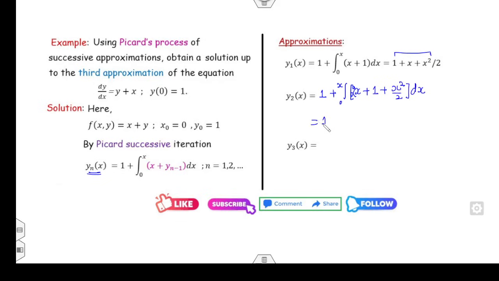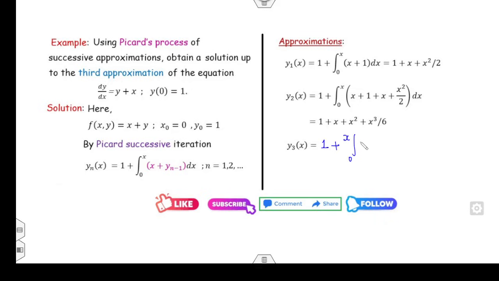Now if you solve this, if you find the integration, that will be x square plus x cube divided by 3 into 2, from 0 to x. If you substitute the upper limit and the lower limit, you will get the answer 1 plus x square plus x cube by 6. Similarly, for y3, you can integrate from 0 to x.